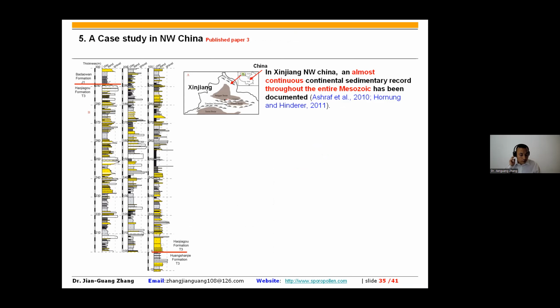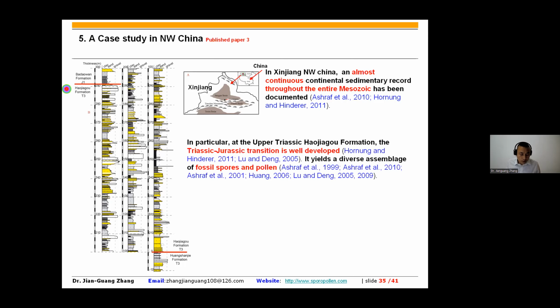In Xinjiang, Northwest China, an almost continuous continental sedimentary record throughout the entire Mesozoic has been documented. In particular, at the Upper Triassic Jiangguang Formation, the Triassic-Jurassic transition is well developed. It yields a diverse assemblage of fossil spores and pollen.